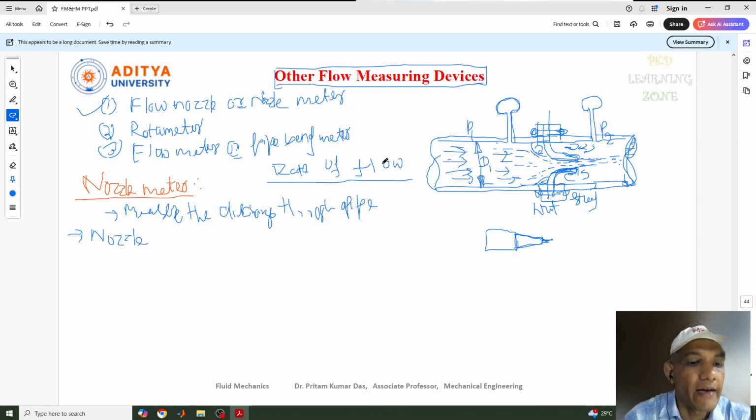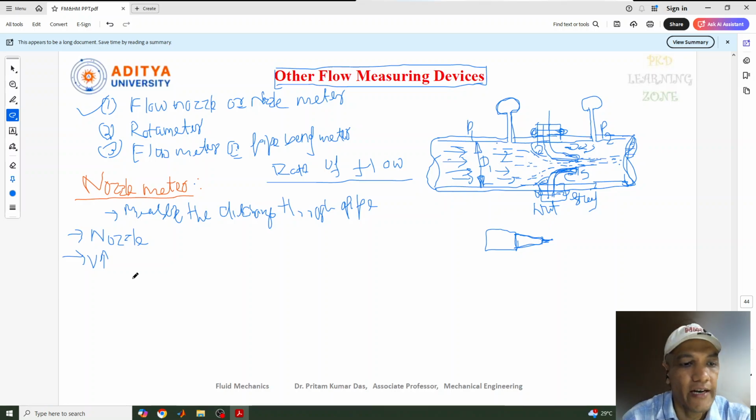And the fluid which is flowing through the nozzle, the velocity of the fluid, as I told you, is going to be increased. Because the area is reduced, the velocity is going to be increased. This is based on the continuity equation.